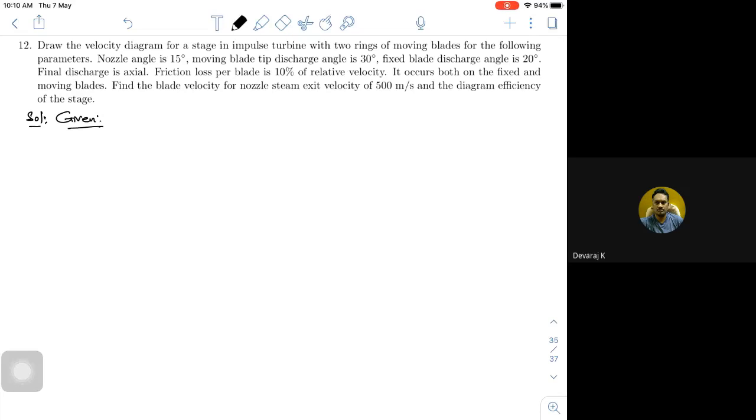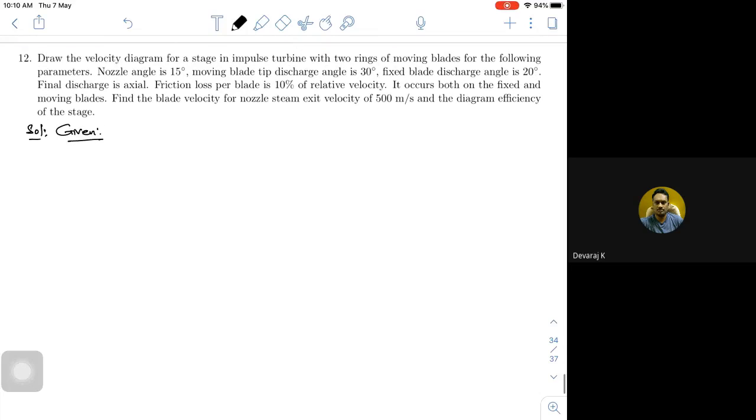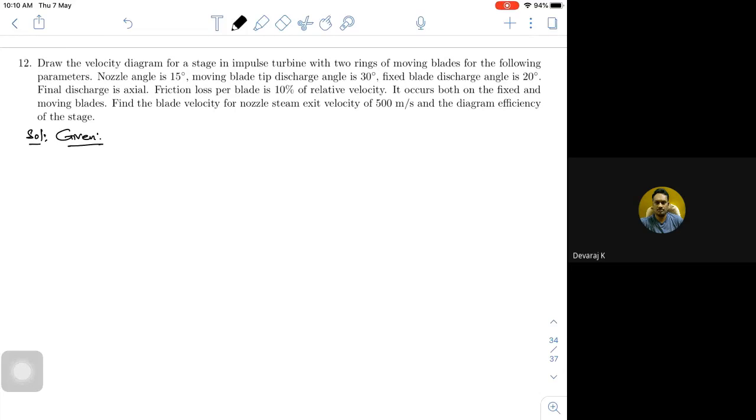Okay. So they have given the nozzle angle at the inlet, that is the angle with which the fluid enters, that is your alpha 1, which is 15 degrees. Then the fixed blade discharge angle is 20 degrees. So that is your beta 2.